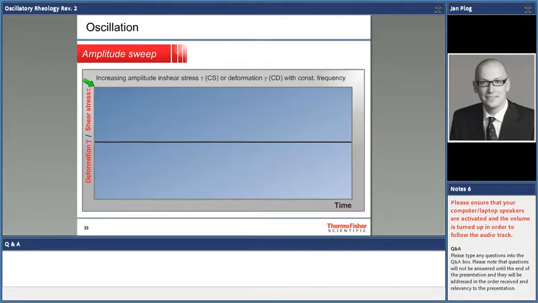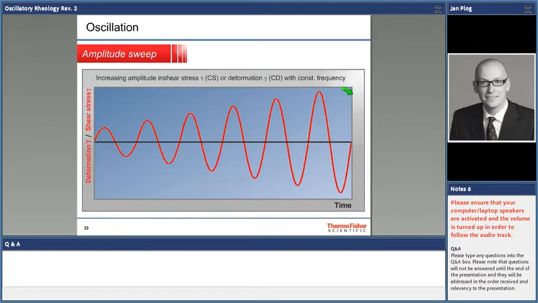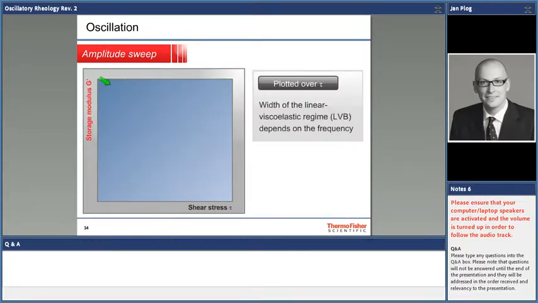As I said, here is just a graphical depiction of what we're going to do. We stepwise increase the stress or strain amplitude while we keep the frequency constant. Okay. And now when we do that, let's just monitor G prime.